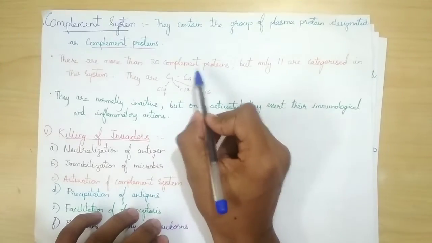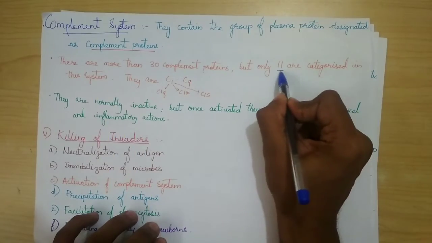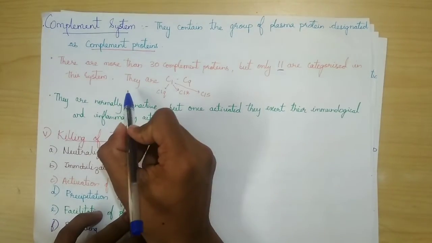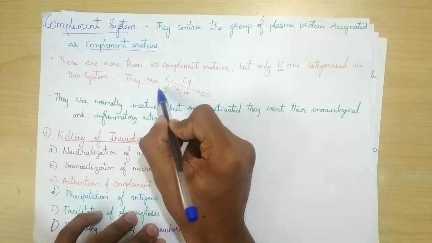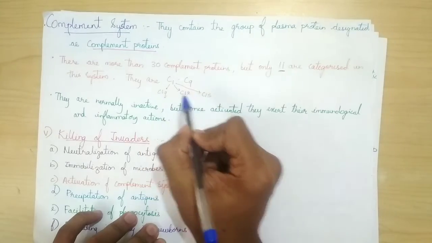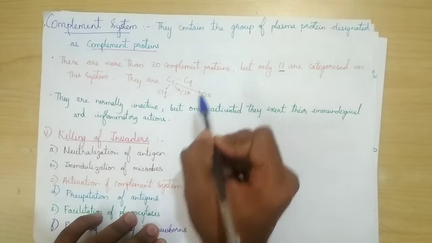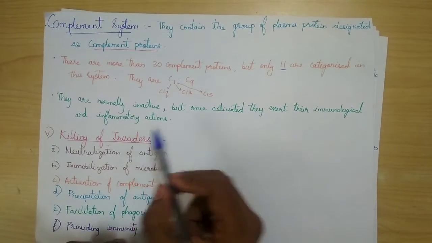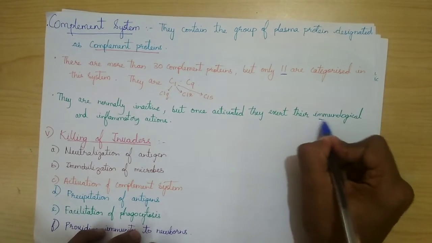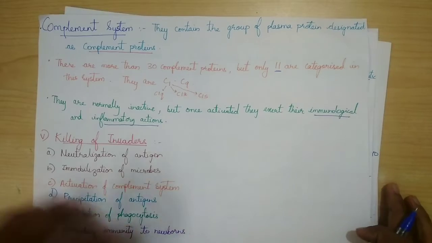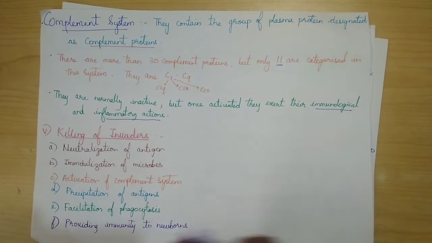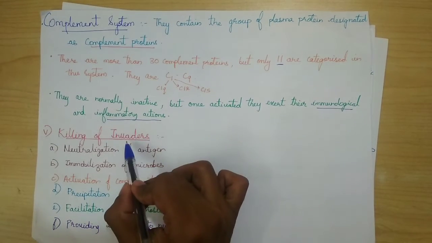There are more than 30 complement proteins, but only 11 are categorized in this system. They are C1 to C9. C1 is again divided into C1q, C1r and C1s. They are normally inactive, but once activated, they exert their immunological and inflammatory actions and boost the process of humoral immunity. The next step is killing of invaders.